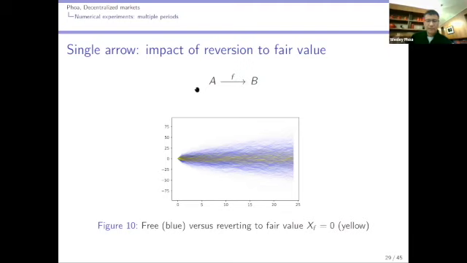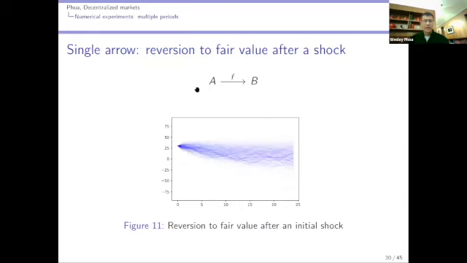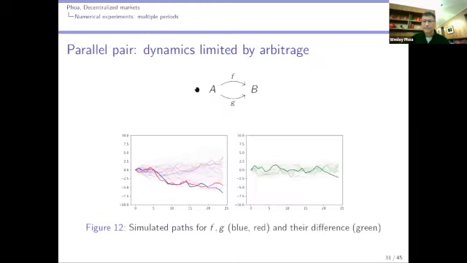Then if you add that fundamental fair value term to the Lagrangian, you get the yellow paths, and you can see there that they're still random, but they're attracted back to zero, and so they don't spread out over time. So again, that's what you see. Oh, and if you start out away from fair value, then you move around kind of Brownianly, but you also drift back to fair value. That's what you want to see.